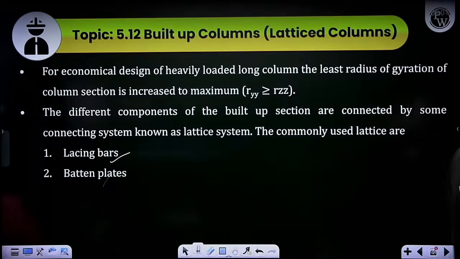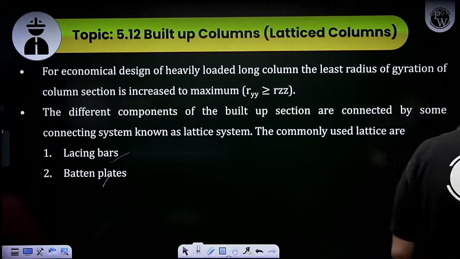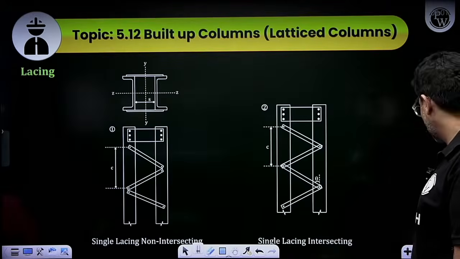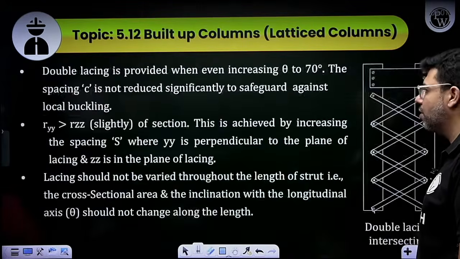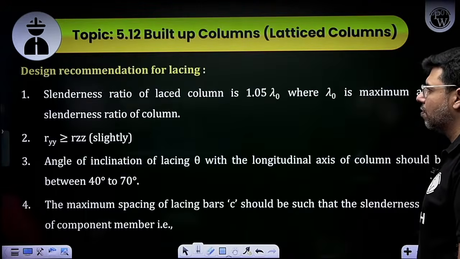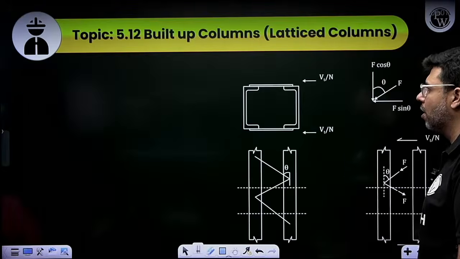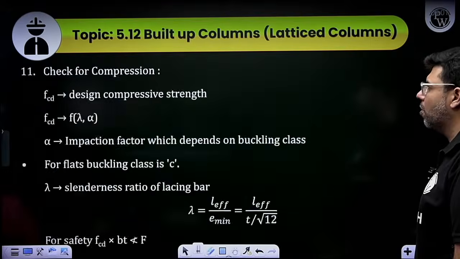You can go through the recommendations once. Not important for GATE. If you want, you can go through it once. I have written everything here. You can just have a look through it. Not that important for GATE, I am telling you. This was all about the built-up columns.